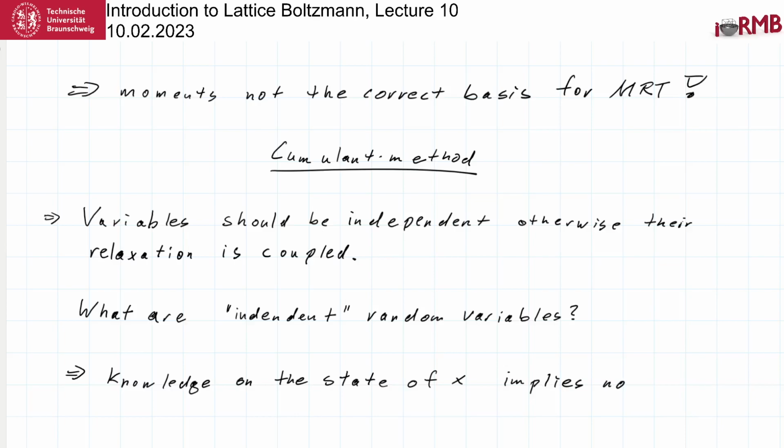If it's independent, then this knowledge on the state of x implies no knowledge on the state of y. This does not mean that you have perfect knowledge. If you know the price of wheat, you don't know the price of bread exactly, but you know when the wheat is going up, the bread is also going up. So this is not perfect knowledge, but it is knowledge.